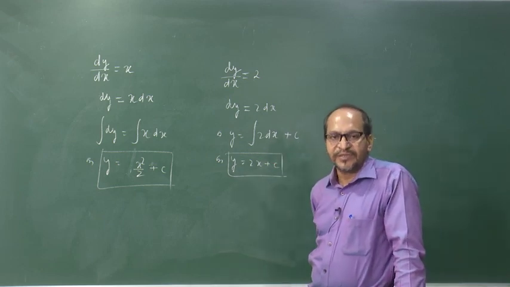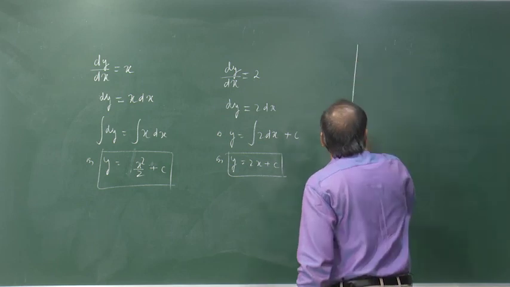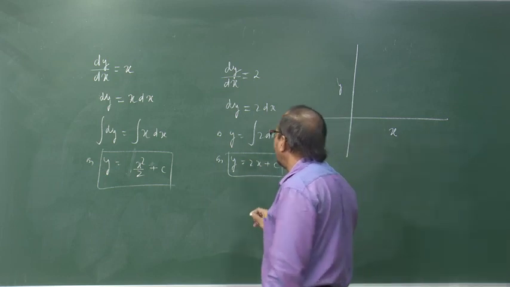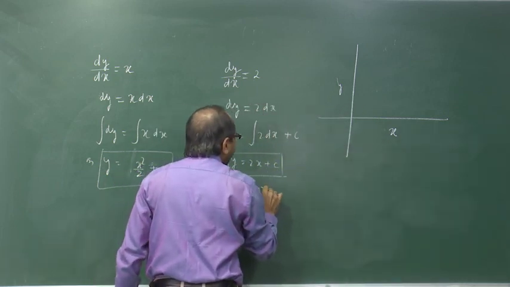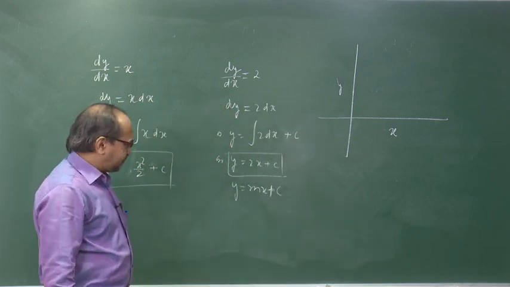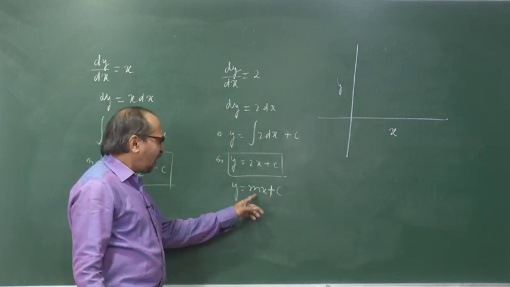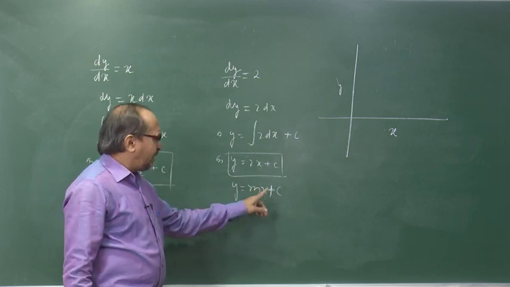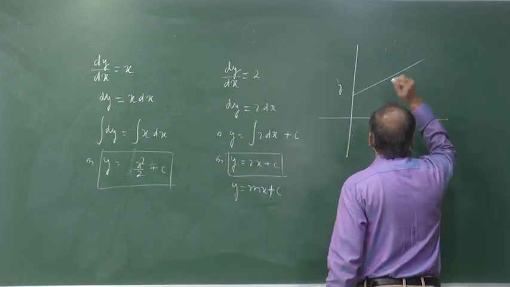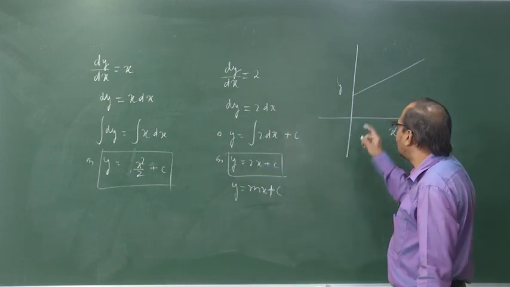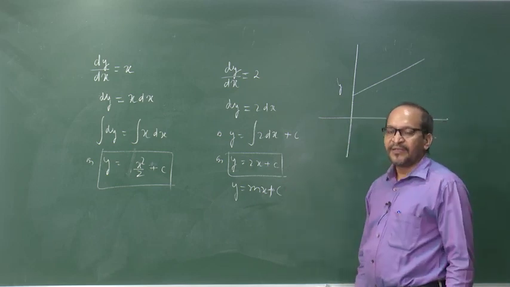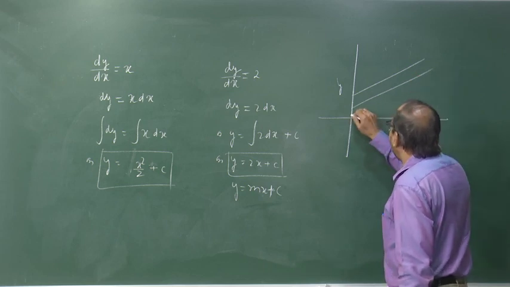Geometrically, if we plot this curve y versus x, it is in the form y is equal to mx plus c. It is a straight line equation where m is the slope, here 2, and c is the y intercept. Since c is arbitrary, for different values of c I can have different lines.